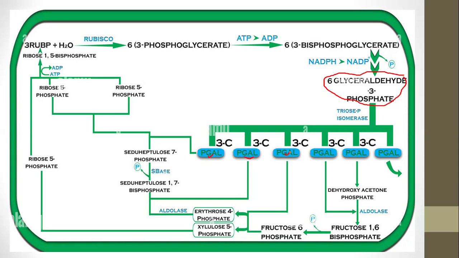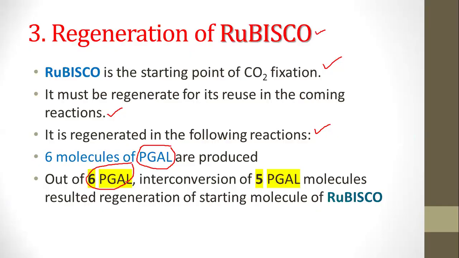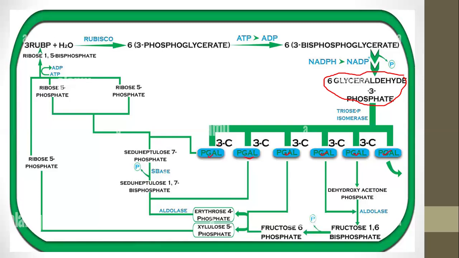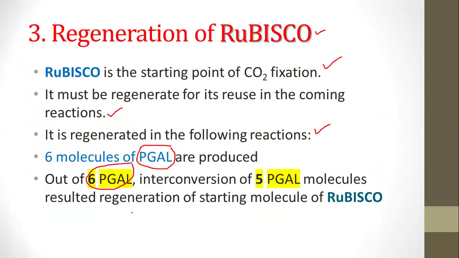Out of these 6 phosphoglyceraldehyde molecules, 5 molecules undergo interconversion, carbon number 1, 2, 3, 4, and 5. These 5 three-carbon phosphoglyceraldehyde molecules result in regeneration of the starting molecule of the Rubisco.